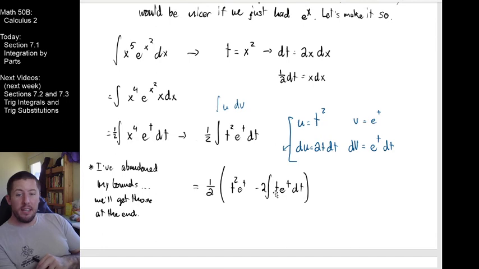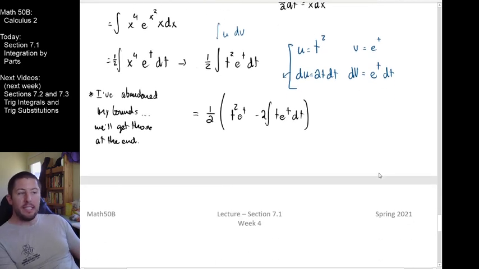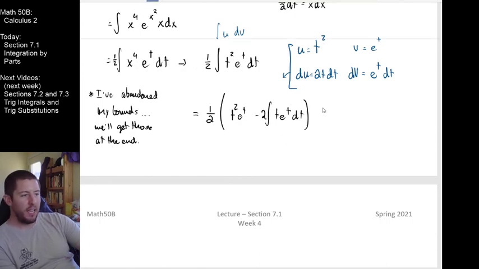So it looks like in this case here, every integration by parts is leaving the e to the t alone in the integral, but is dropping the power on t by 1. And so since it's currently a t squared, it seems that 2 layers of integration by parts would completely get rid of that t. So let's now just make essentially the exact same substitution choices for another layer of integration by parts. And I think it's going to get us there.